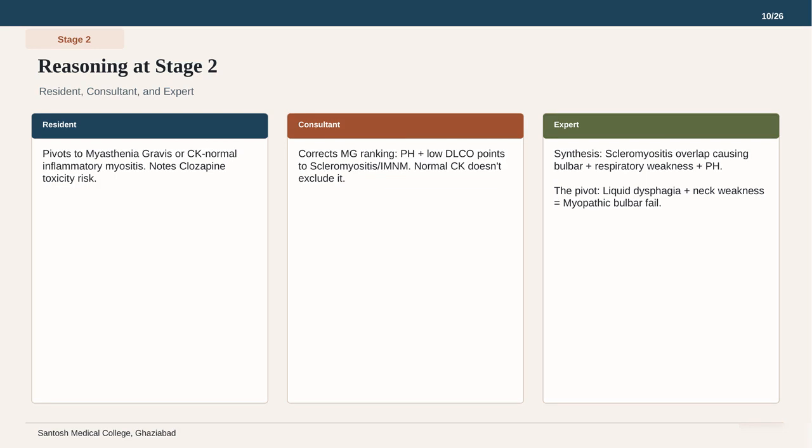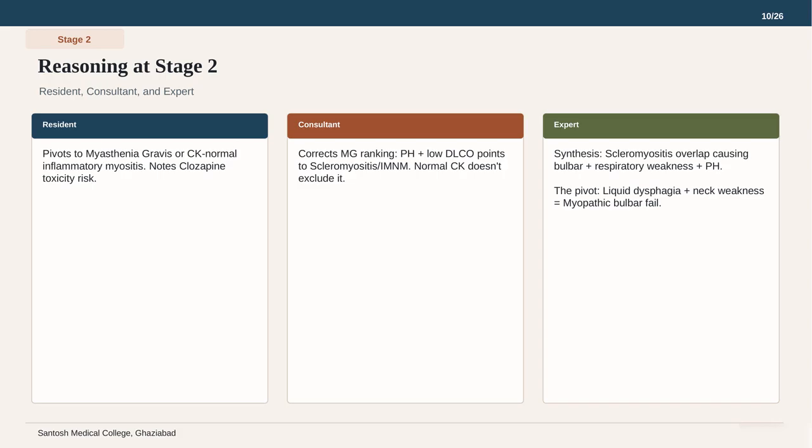They emphasize that a normal CK does not exclude these conditions. The expert provides a synthesis suggesting a scleromyositis overlap is causing bulbar and respiratory weakness alongside pulmonary hypertension. The expert identifies the liquid dysphagia and neck weakness as a myopathic bulbar failure. This is a crucial distinction that moves us away from just looking at the heart and lungs and focuses our attention on the muscles themselves.